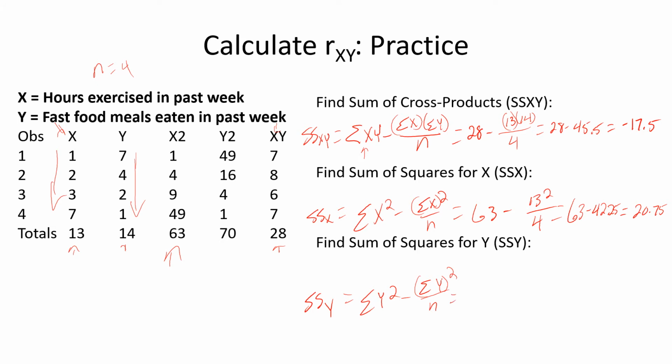Now sum of y squared is 70, the sum of y is 14. That value squared divided by 4, we get 70 minus 49, because 14 squared divided by 4 is 49, which equals 21.